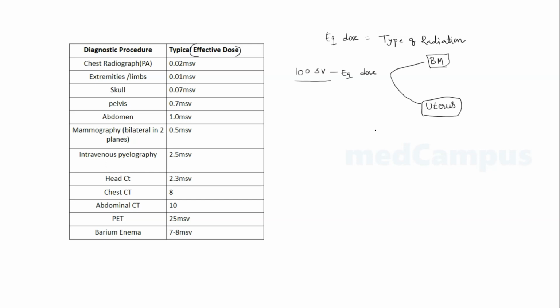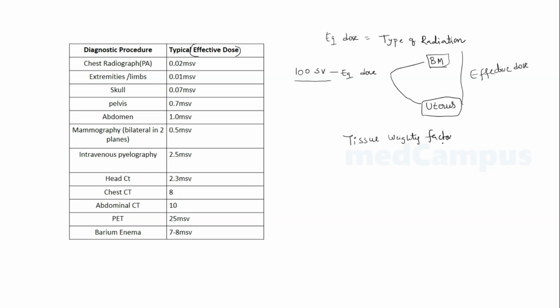Okay, so effective dose also takes into account the radio-sensitive nature of an organ. So we call this factor the tissue weighting factor.